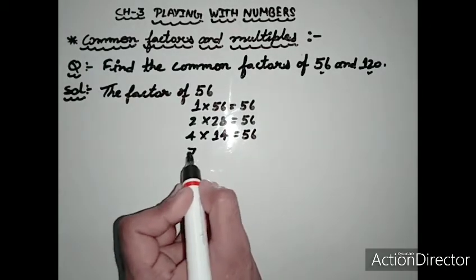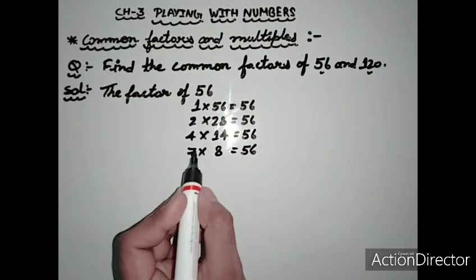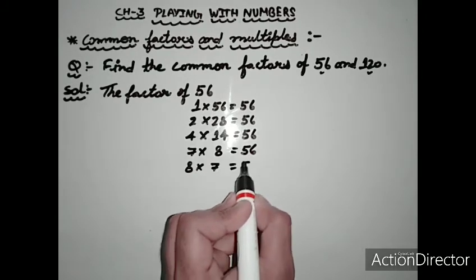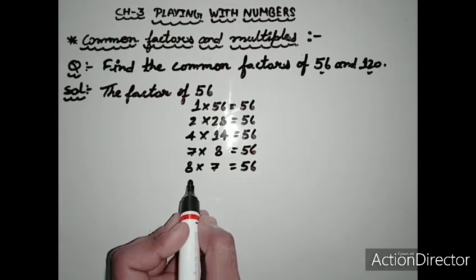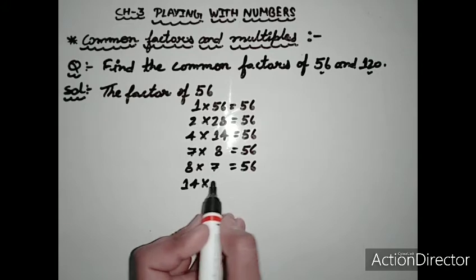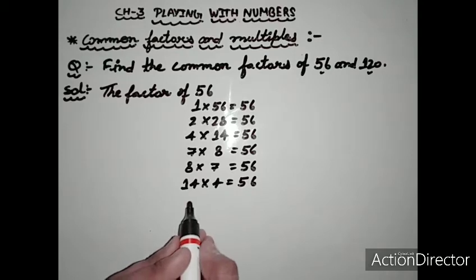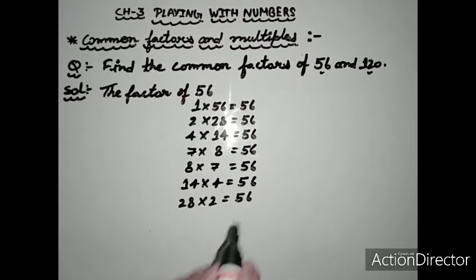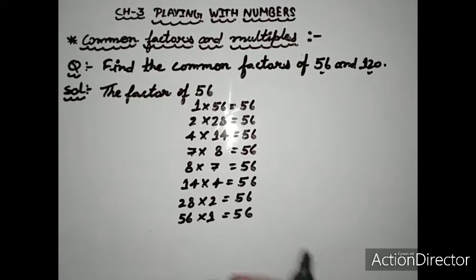Then in the table of 7, 7 8s are 56. Then in the table of 8, 8 7s are 56. Then the table of 14, 14 4s are 56. Then the table of 28, 28 2s are 56. Then in the table of 56, 56 ones are 56.